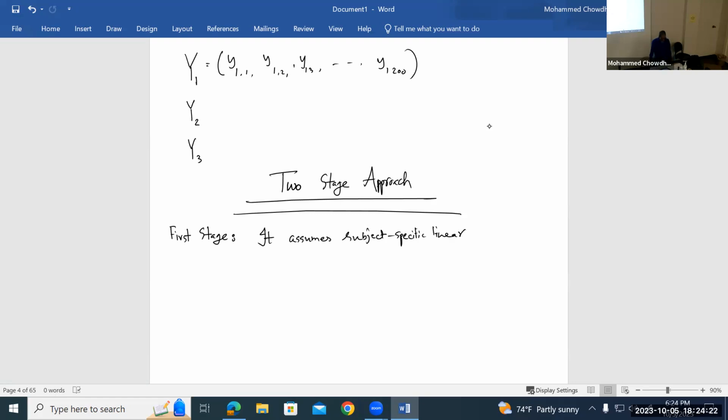What do you mean by subject-specific linear model? For subject i, I put here Y_i, X_i, beta_i, and then epsilon_i.